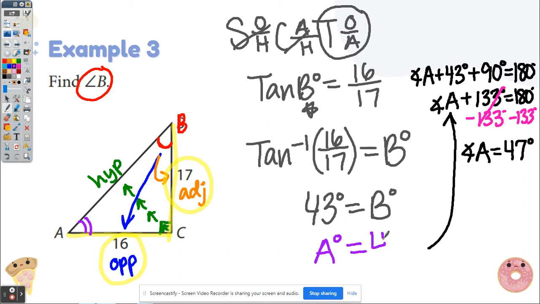So that is how they might make it more complicated, where you have to solve for an angle. This angle down here is always going to be 90 because we cannot do trigonometry so far unless it's a 90. And the other angle we got by triangle sum theorem.